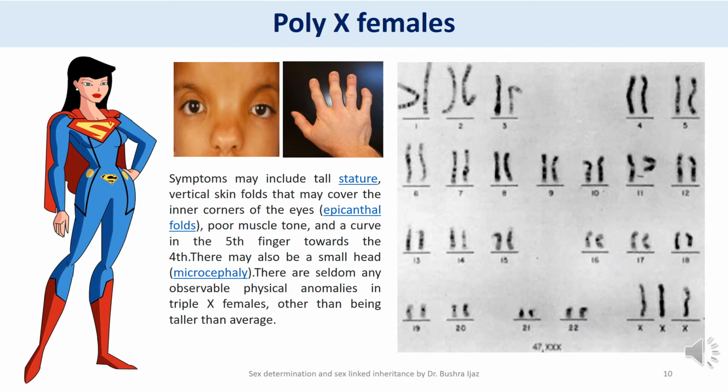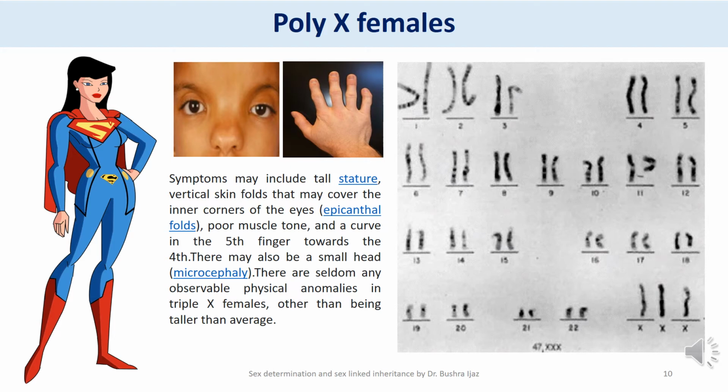Poly-X females occur in about 1 in 1000 female births, and the condition is also sometimes referred to as triplo-X syndrome. These persons have no distinctive features other than a tendency to be tall and thin. Although a few are sterile, many menstruate regularly and are fertile. The incidence of mental retardation among triple X females is slightly greater than in the general population, but most triple X females have normal intelligence.